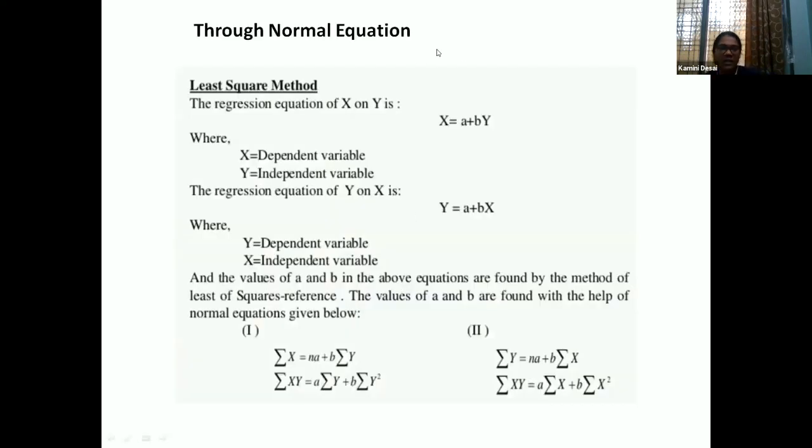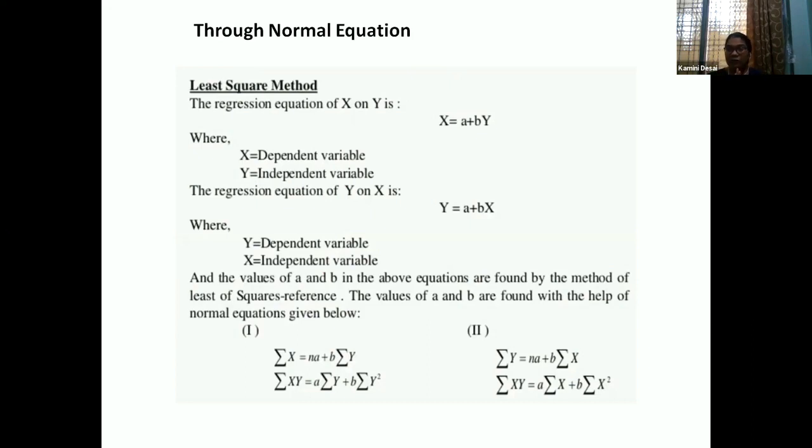So in the least square method, this is through the normal equation. There are two regression equations. There is the regression equation of x on y, that is x is equal to a plus by, where x is the dependent variable and y is the independent variable.